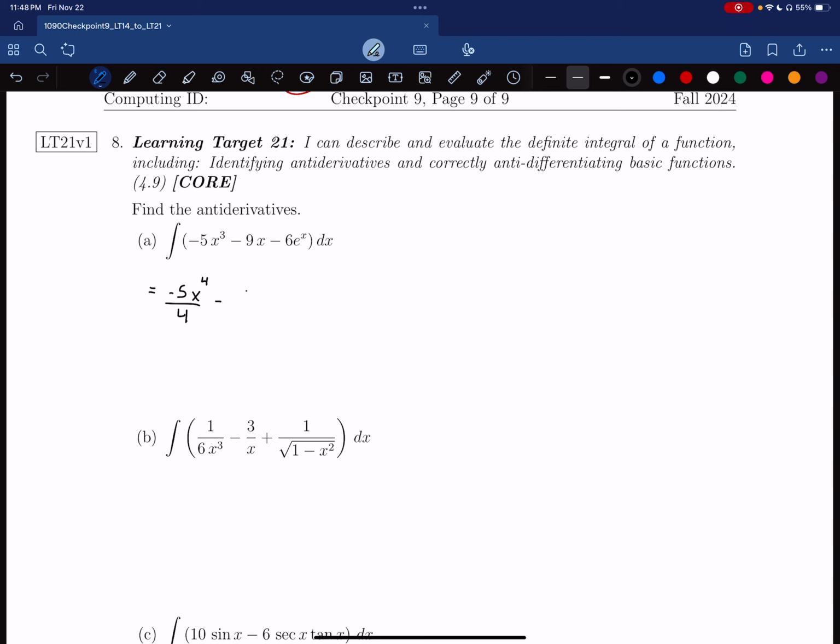Minus the x will be raised to the second power. So I'll divide by 2. And then just like derivatives, when I take the integral of e to the x, it stays the same. And then I need a plus c. Boom. Not too bad.